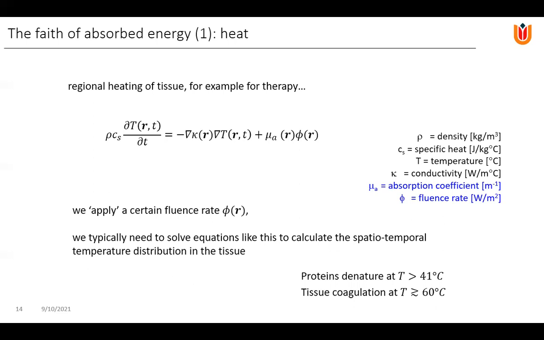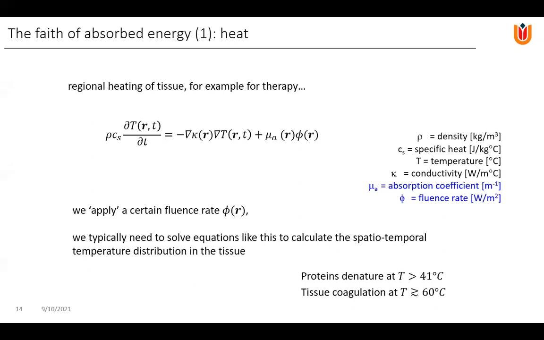There are equations that tell you how the temperature changes with position and time as a function of tissue properties, with a spatial dependency on the temperature gradient. And there is also the absorption.